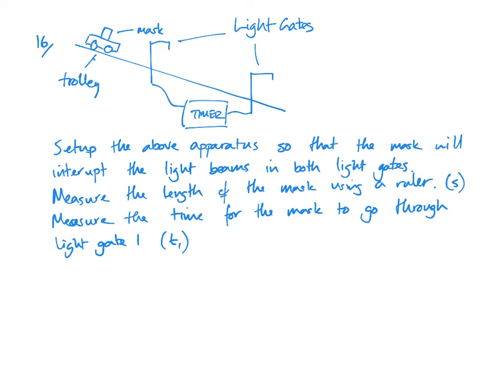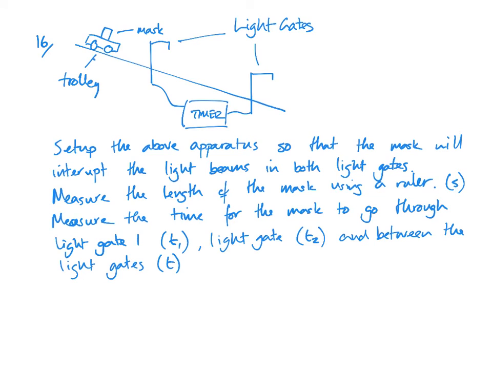Measure the time for the mask to go through light gate 1. I'm going to call that T1. Light gate 2, I'm going to call that T2. And between the light gates, I'm just going to call that T without any subscript.